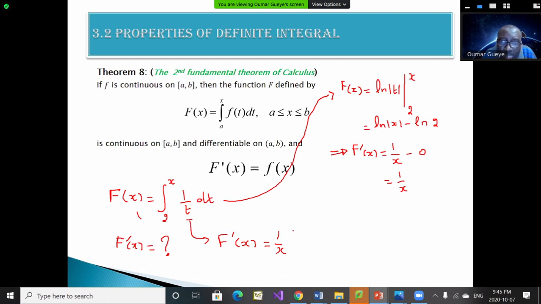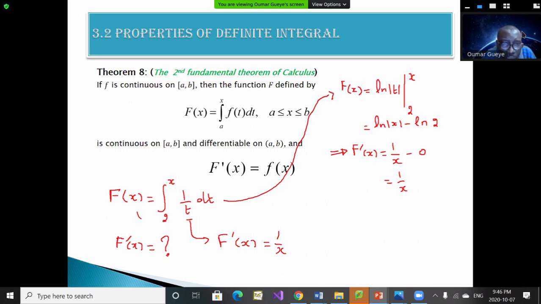Excuse me, sir, can you explain it once more, please? Okay. I have a function which is defined by an integral. And the question is how to calculate the derivative of such a function. That's why I use here the question mark. And I said we have 2 ways to get the derivative.